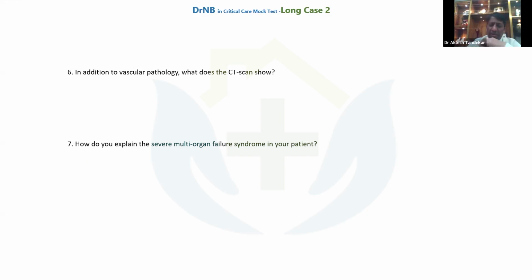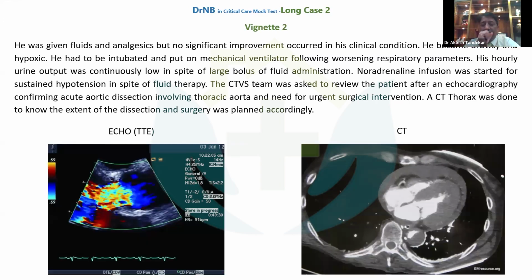Any other appropriate finding that you noticed in this CT? Can I see the CT once? There is fluid around the heart. Probably a pericardial effusion is also present.